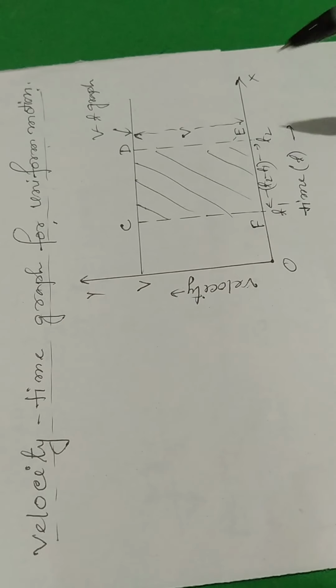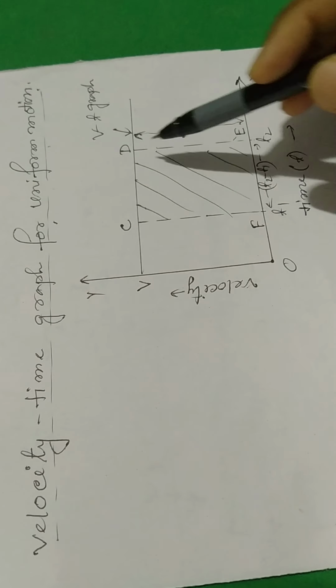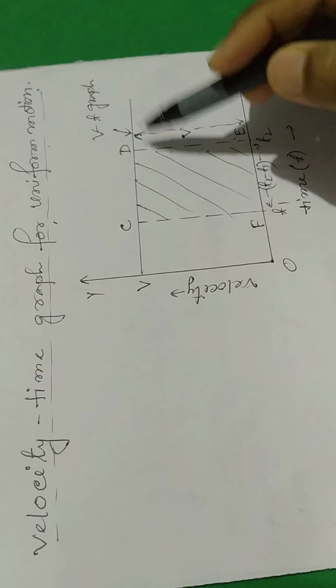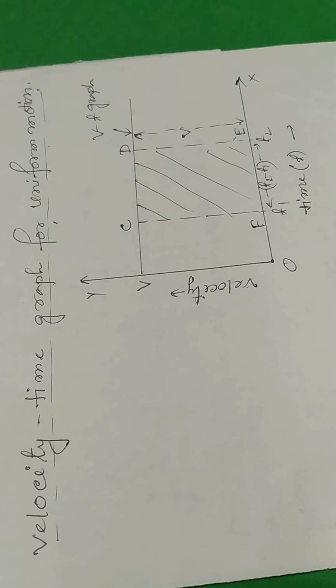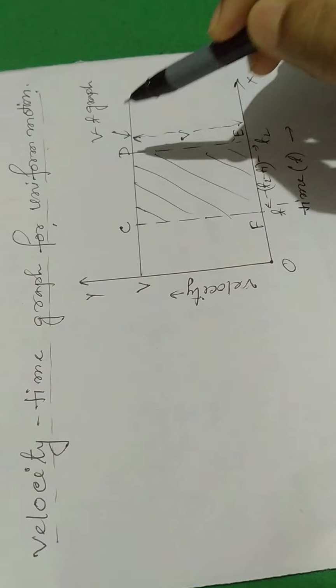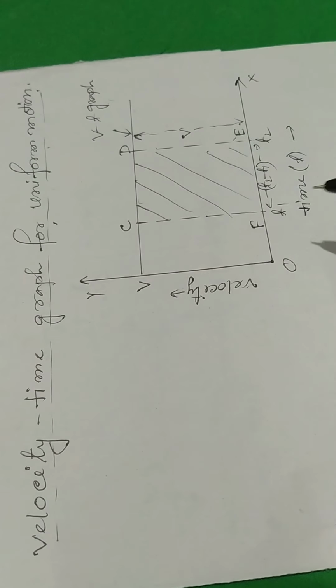Now what will we get if we take the area under the velocity-time graph? Here C and D are two points on the v-t graph.